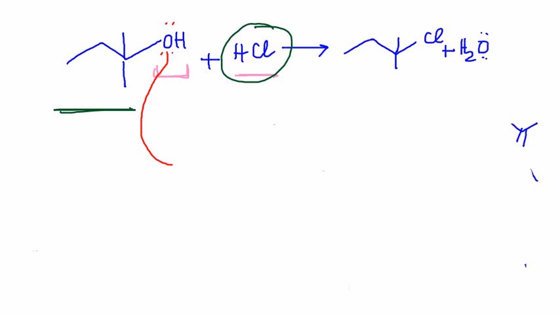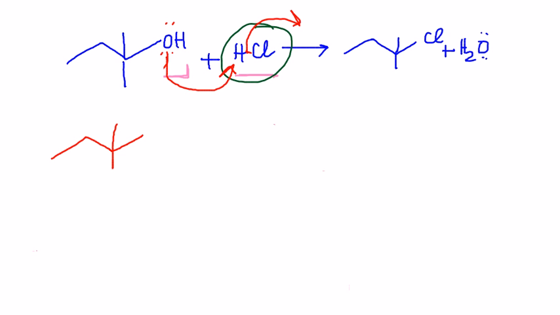And that's what I'm going to show you now. The first step is going to be exactly the same, where the lone pair of electrons will pick up the proton, Cl will leave. Okay? Now, once that happens, you can show, of course, the OH2 getting formed.